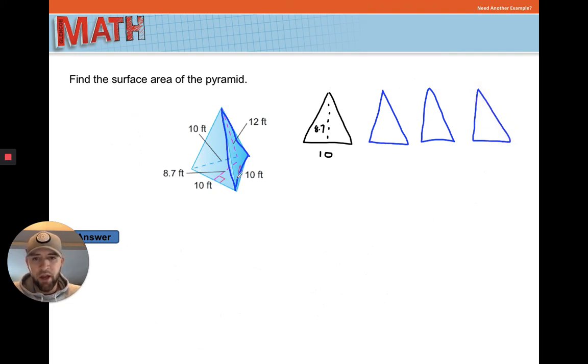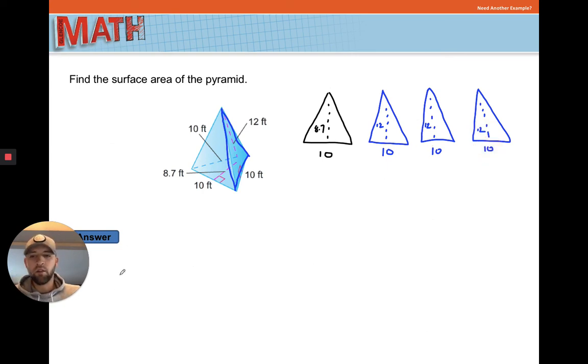The bottom, as you can see, is 10, and their slant heights are 12. For all 3, they're all going to be the same. Remember, only 3 faces because our base is a triangle this time around. Going up, 12, and 10.